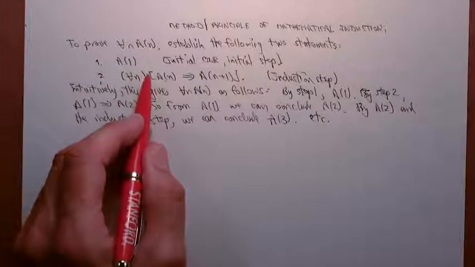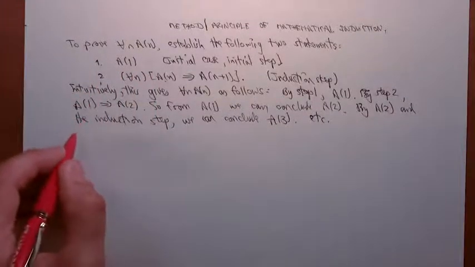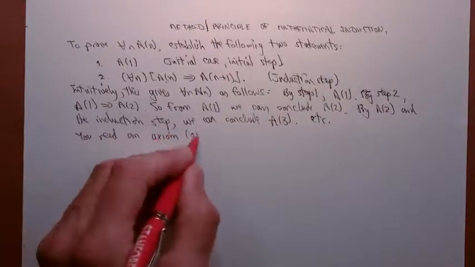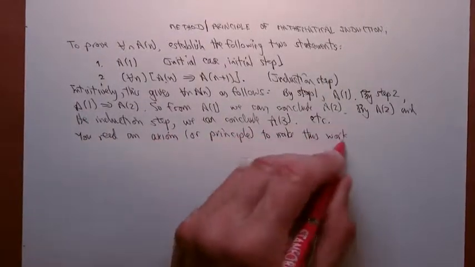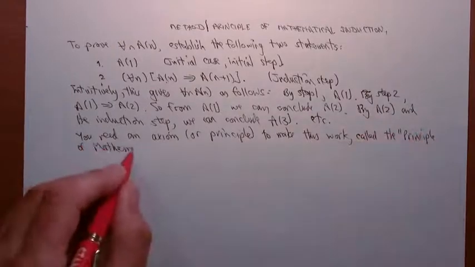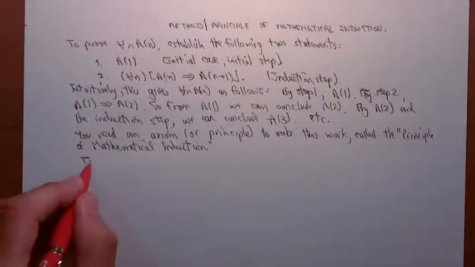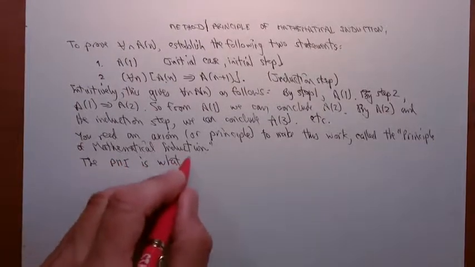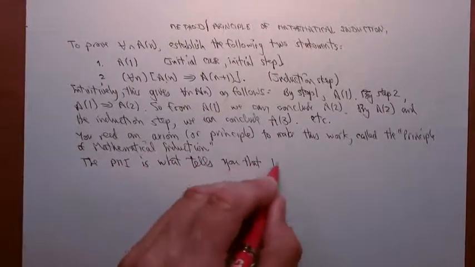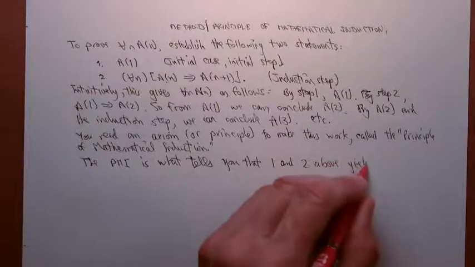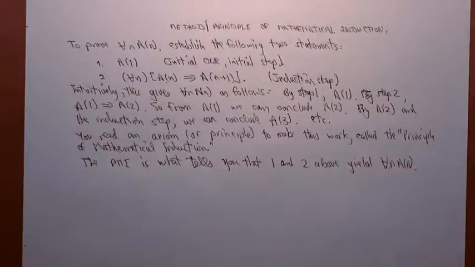Okay. And let me just stress that. You need an axiom or a principle to make this work, called the principle of mathematical induction. The principle of mathematical induction is what tells you that steps 1 and 2 above yield, for all n, A of n.